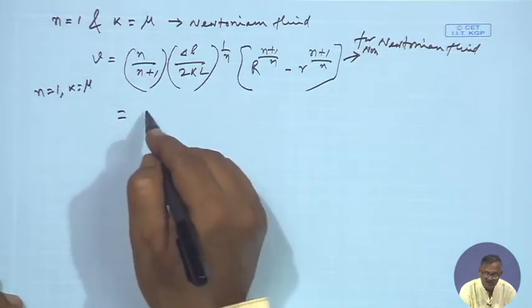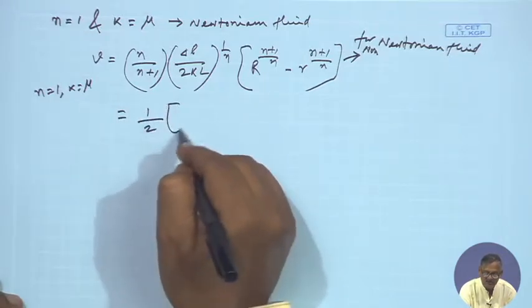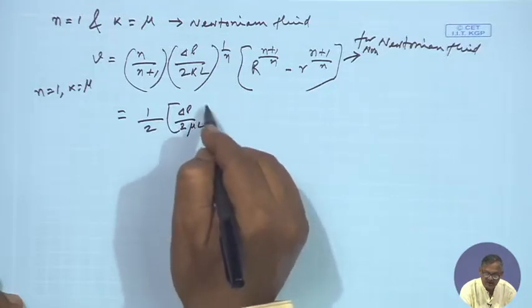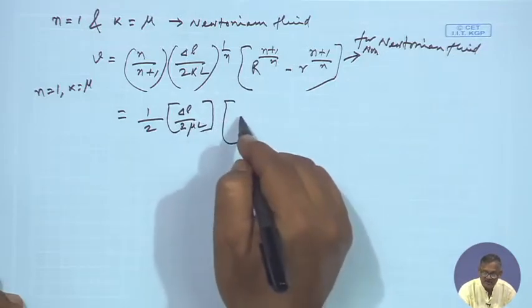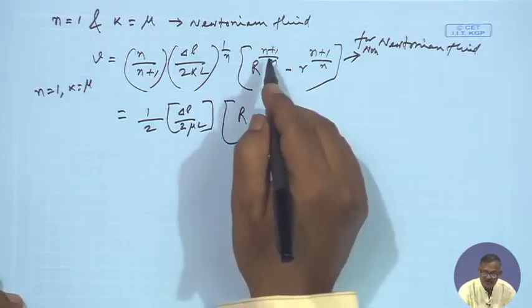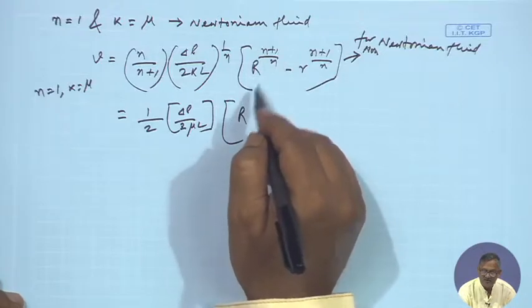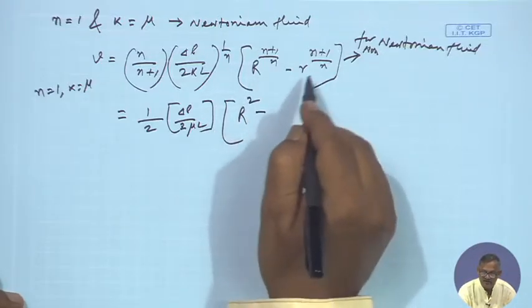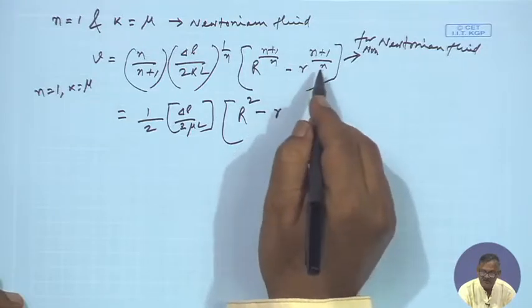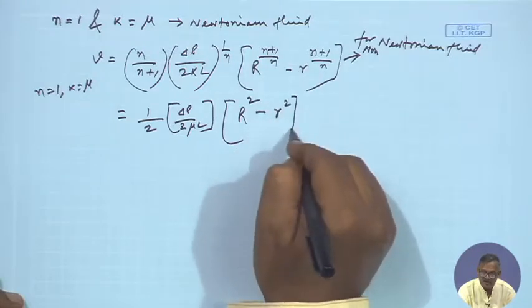n equals 1, that is 1 by 2, this is delta P by 2 mu L to the power 1, and this is R to the power n plus 1 by n, that is 2, R square minus r square, right.